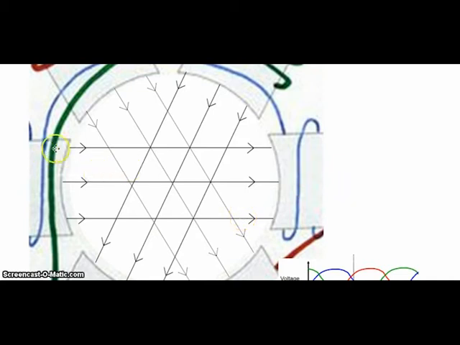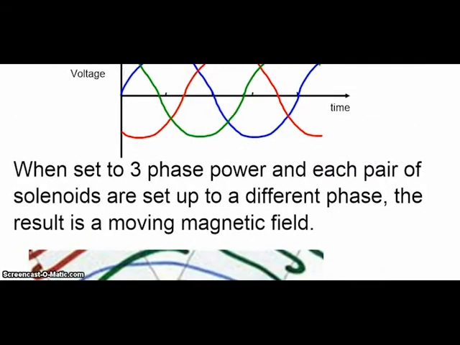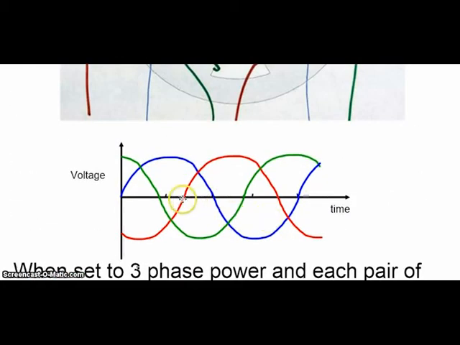At one point in time, the current here is going to produce a north pole and a south pole. Over here, it's going to produce a north pole and a south pole. But here, for the red coil, we can see that at this particular point in time, we have none.